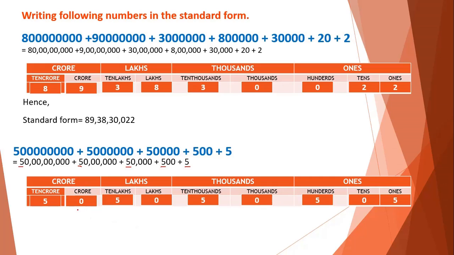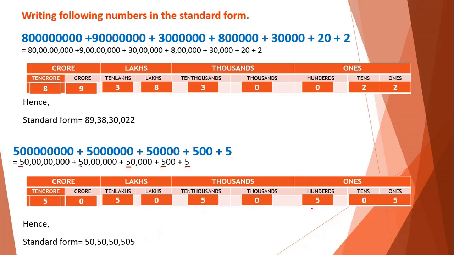We'll write this one with the help of commas in the periods of the Indian place value system like this. So here 50 is in crore, I wrote 50 in the crores. One more 50 in the lakhs, I wrote 50 in the lakhs. 50 is in the thousands, I wrote 50 in the thousand.